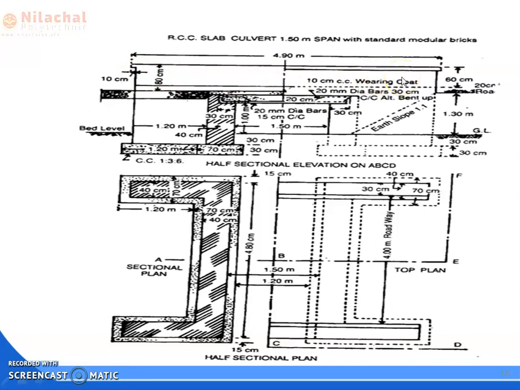In the case of the RCC slab, 2 face walls are provided, meaning the faces of the RCC slab culvert. In the case of the face wall, we consider the height up to 10 meter below the ground level. First we calculate the length, then the height.